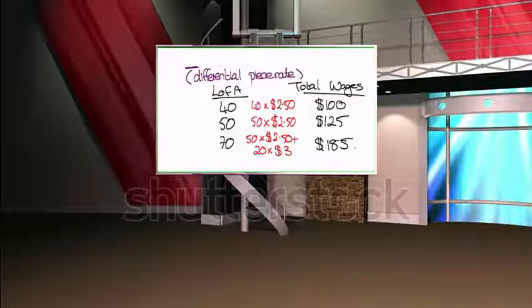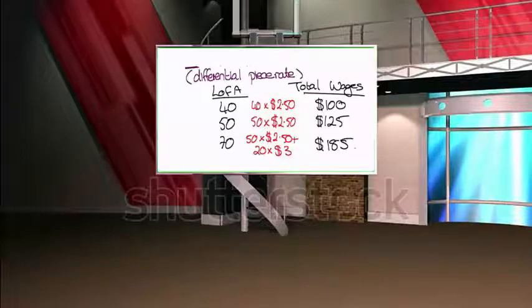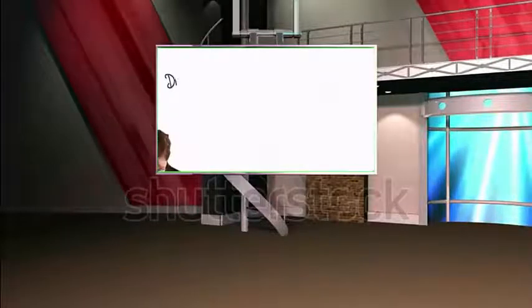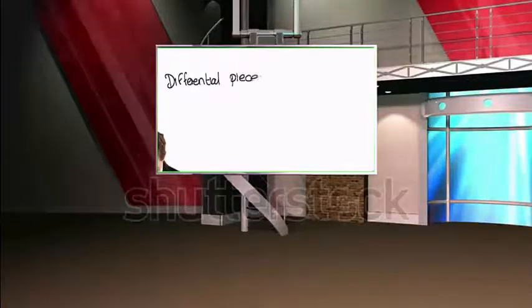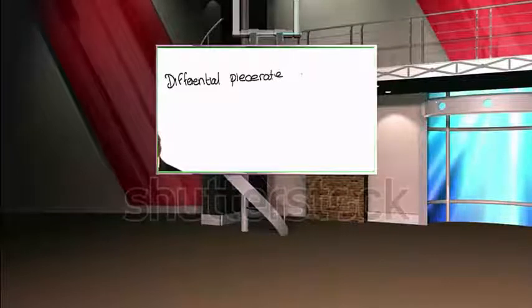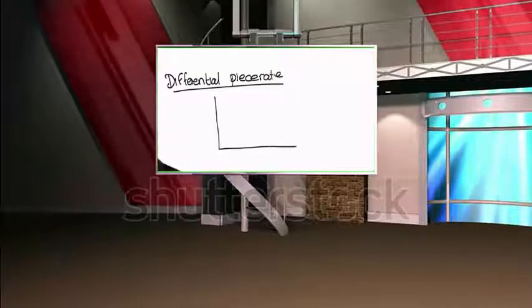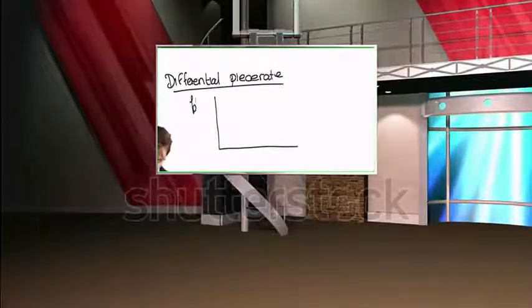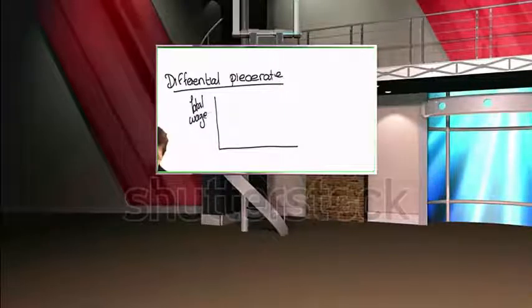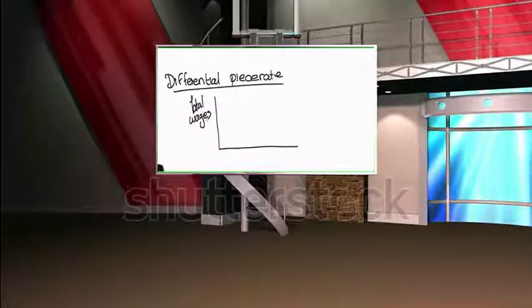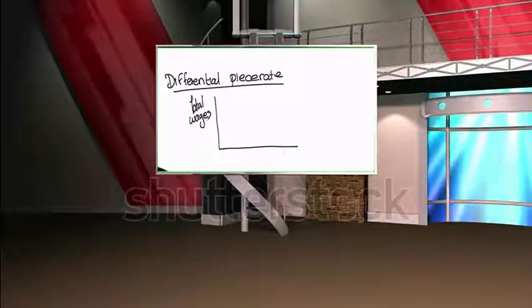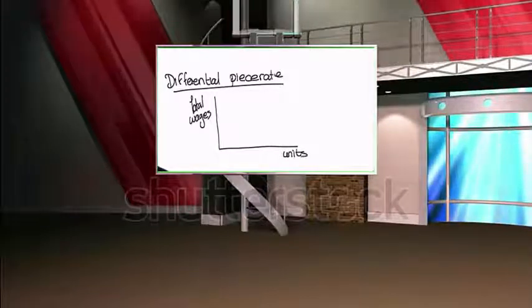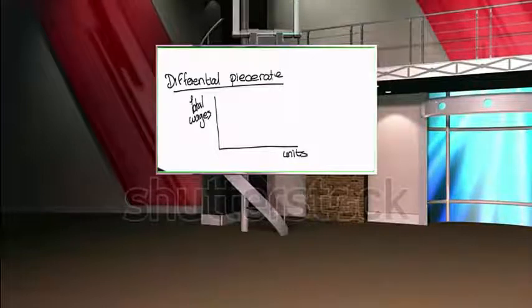Again, we just want to have a look to see how this appears then on a graph. So again, we'll show their total wages on the y-axis, and we're going to show their level of activity on the x-axis. But now if it's a piece rate system, then their activity will be the number of units they produce.